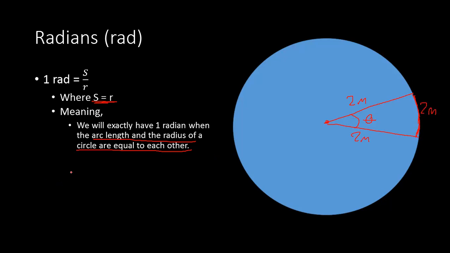To get the angle, 2 meters, which is your s, divided by 2 meters, the radius, gives exactly 1 radian. So to form 1 radian, make sure the arc length and the radius are the same.